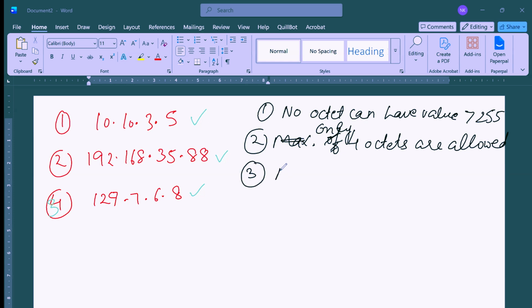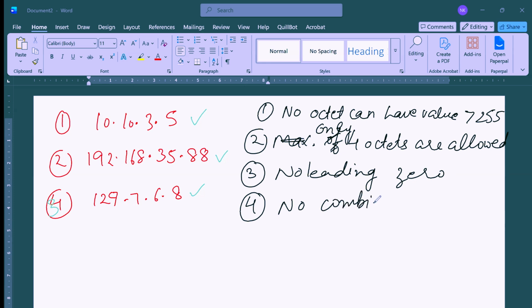Third, no leading zero can be there in the IP address. Last one, no combination of binary and decimal for representing any IP address.